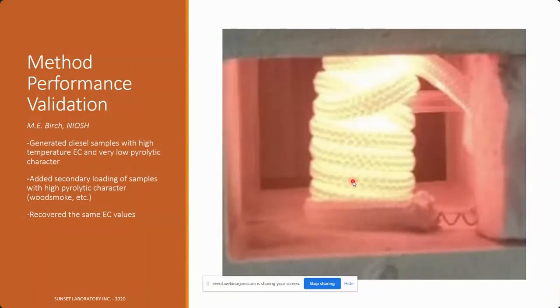This method has been validated many times over, but the initial validation occurred through Eileen Birch, who is a now retired scientist from NIOSH, but was one of the pioneers of this technology with Bob Carey.